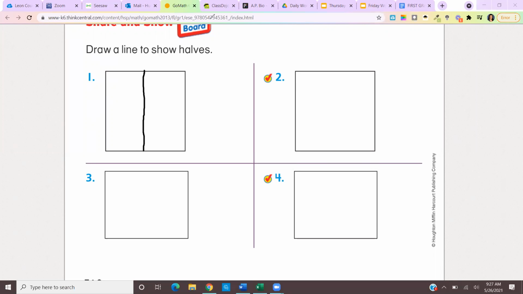We could also draw from side to side, right? You could draw from corner to corner. Or draw your diagonal the other way. So there's lots of different ways you can show halves.